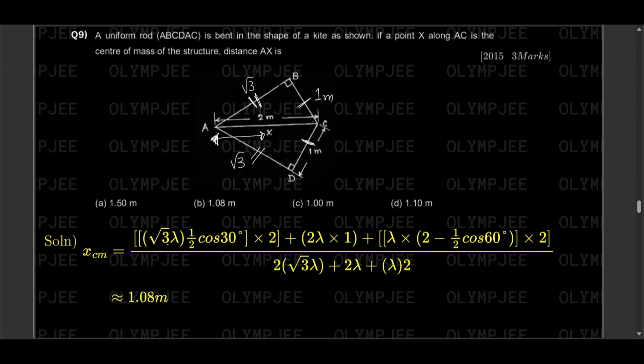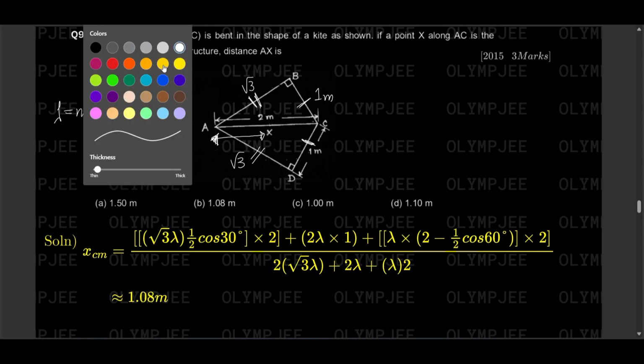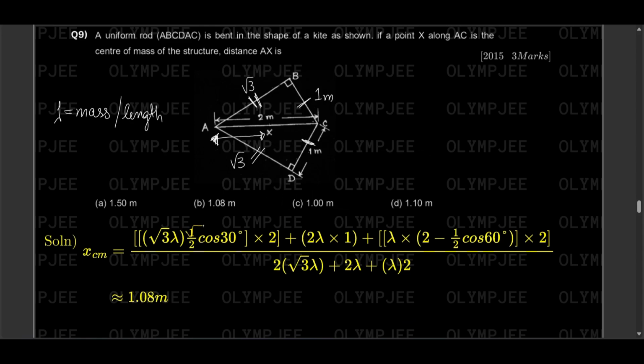So root 3 lambda is the mass of this rod, if lambda is the mass per length quantity. Then root 3 lambda would be the mass. Sorry, there is a misprint. This would be root 3 by 2 because root 3 is the length.